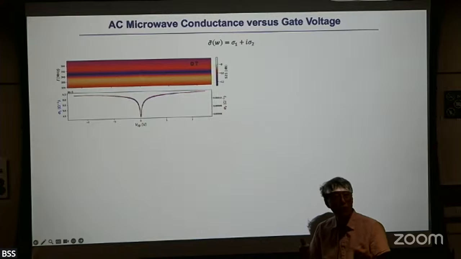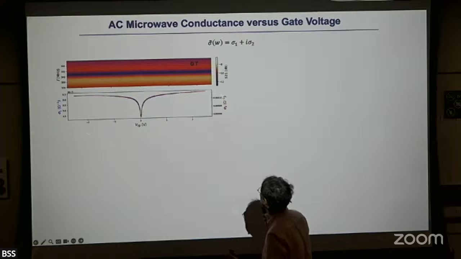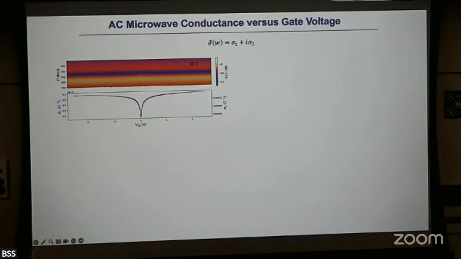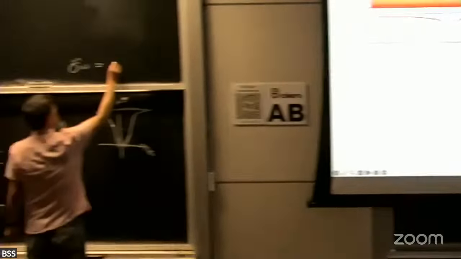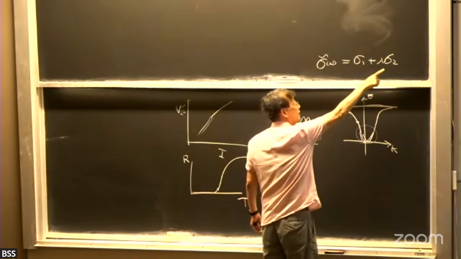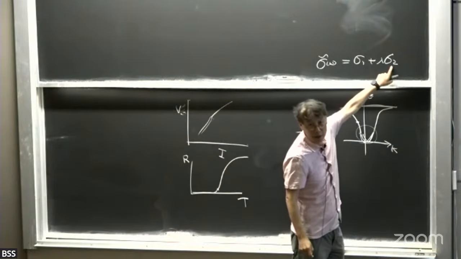Through the RF simulation, one can extract sigma 1 and sigma 2. By the way, in my notation the conductivity sigma we are measuring, as a function of omega, is a complex number: sigma 1 plus i sigma 2. So this is the real part and this is the imaginary part, and this is what we got interested in.